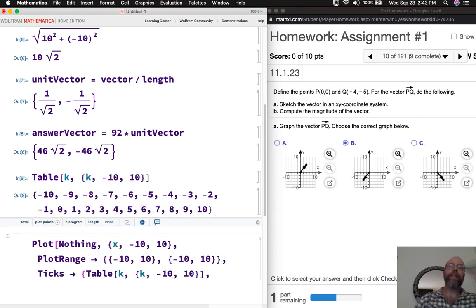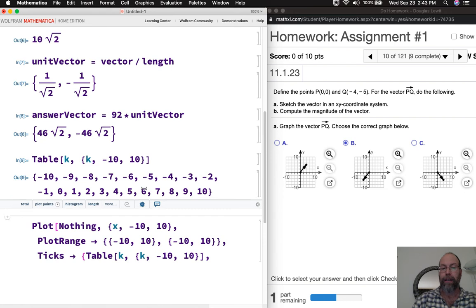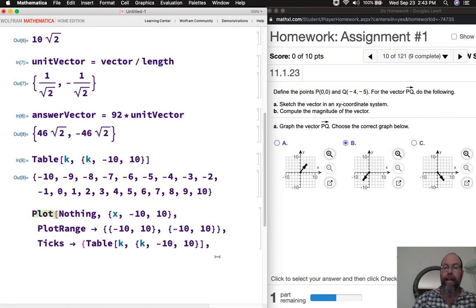That's what table does. And does this letter have to be K? No, it doesn't have to be K. It could be any letter that you want it to be. It could be A, B, C, X, Y, Z. I like K, just because. And then we'll do the same thing here. K goes from -10 to +10.